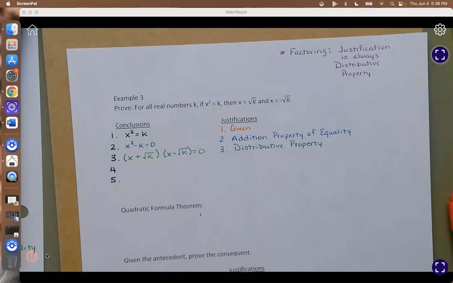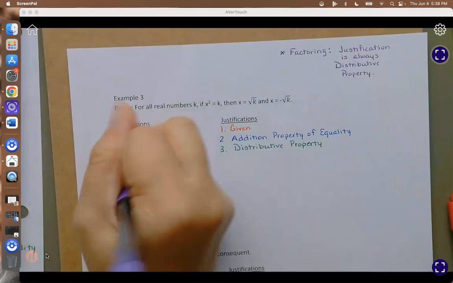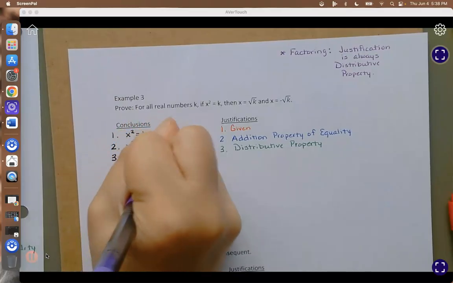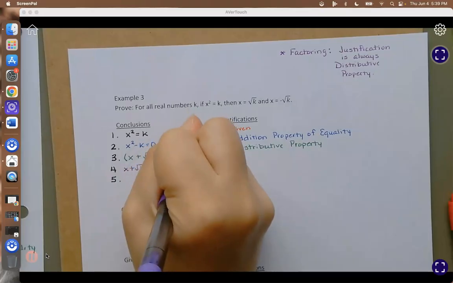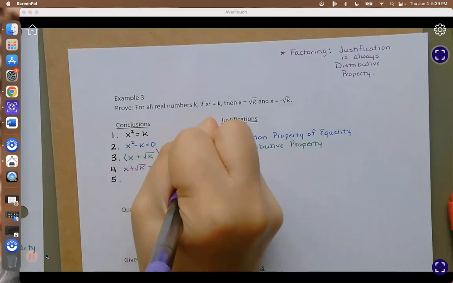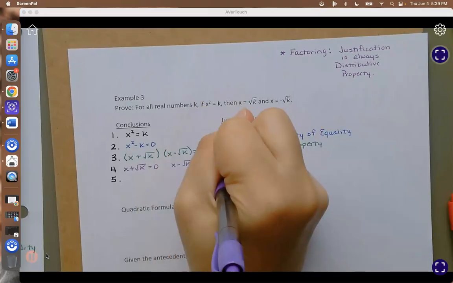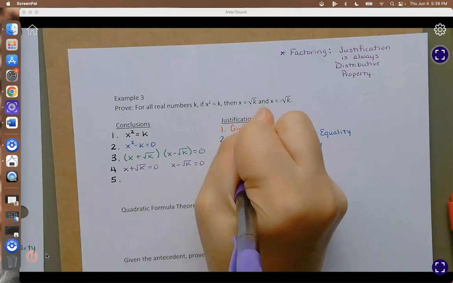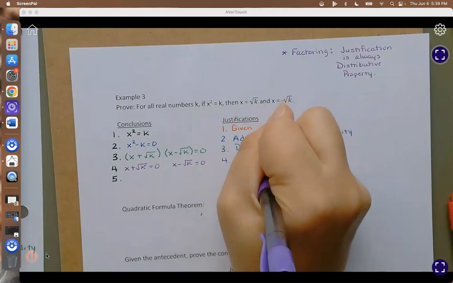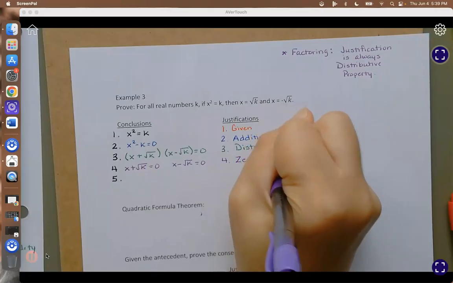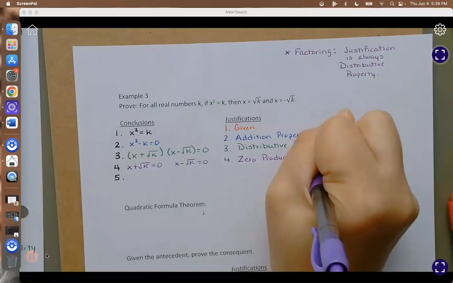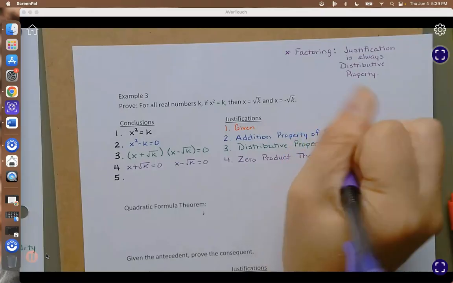All right. So the next thing that I am going to need to do, if you remember about solving equations with factoring, is I set each piece equal to 0. And if you look through the things that you highlighted, this is the zero product theorem. Okay?